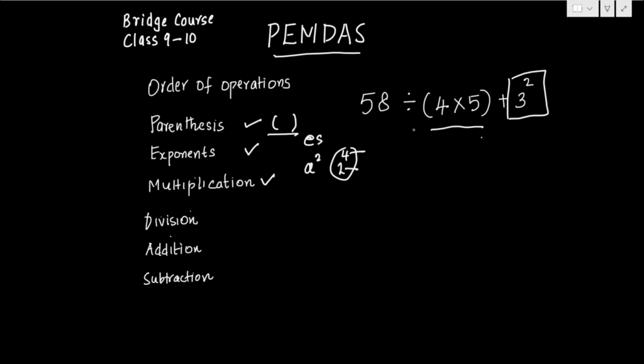Once we have solved what is inside the parenthesis, there is no more multiplication left, so we will leave it there. But if there is multiplication, you look at that next. And then you go to division after parenthesis and after exponents, we come to division and finally addition and subtraction.